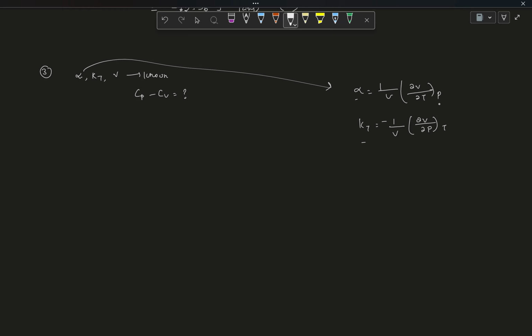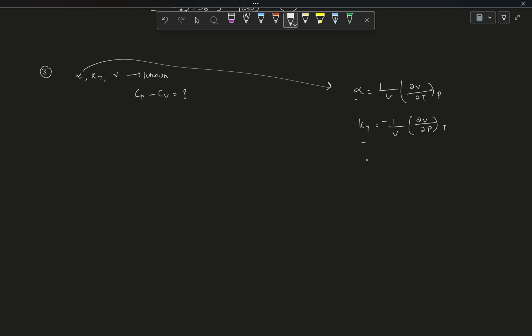Now the temperature is constant, so they are kind of related, but the Kt value has a minus sign, because volume and pressure are inversely proportional to each other. If you increase your pressure, volume will decrease, and vice versa. So that is why you have a minus sign at the front, and otherwise it is just a change in volume with respect to change in pressure at a constant temperature, right?